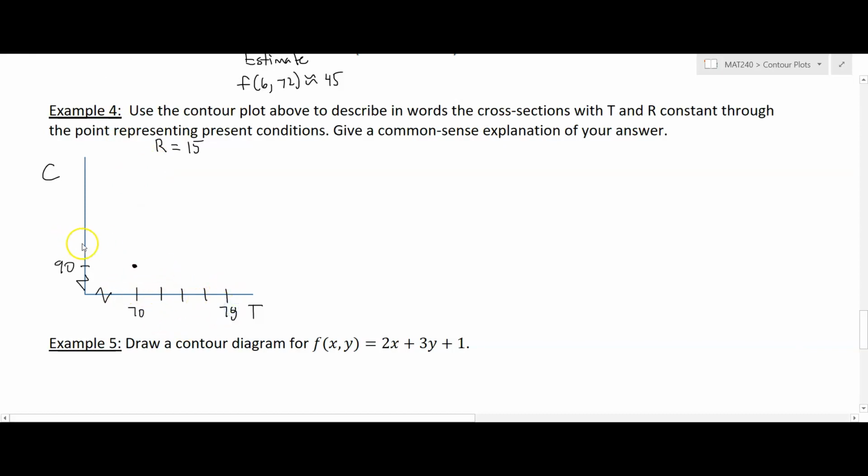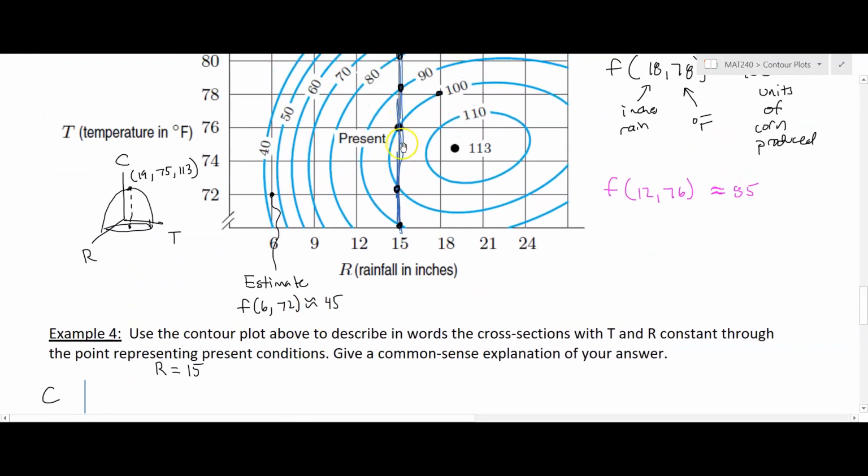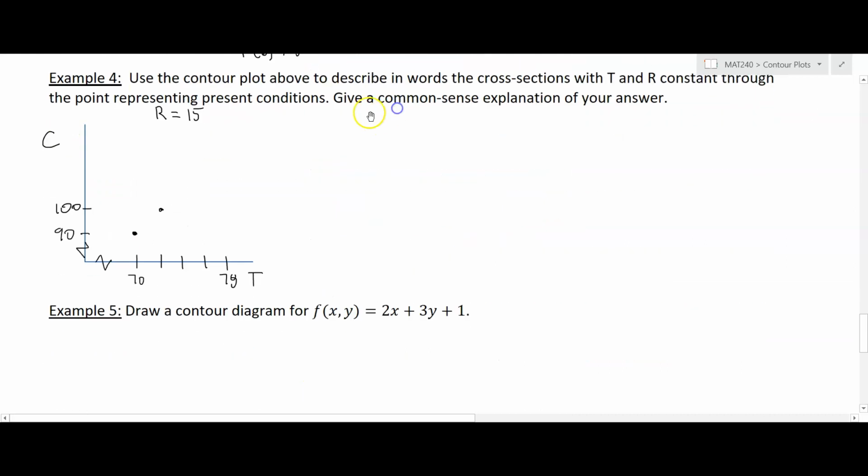So at 72, we are estimating 100 units of corn. And similarly, for the next point, 15 inches of rain still, because we fixed the rainfall, 76 degrees also corresponds to 100 units of corn produced.